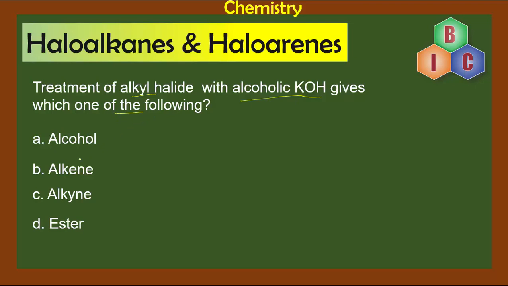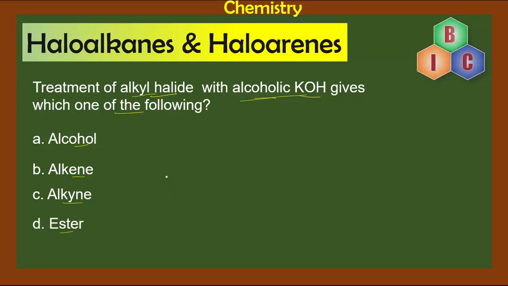The options are: option A, alcohol; option B, alkene; option C, alkyne; and option D, ester. So the question is, whenever we treat an alkyl halide with alcoholic potash, which of these four different compounds will be our product? Now let's try to write the equation for this.